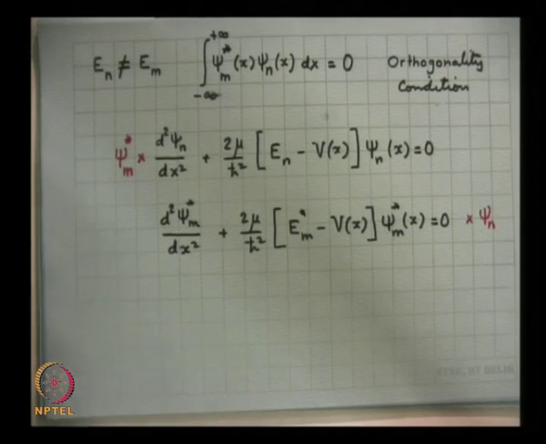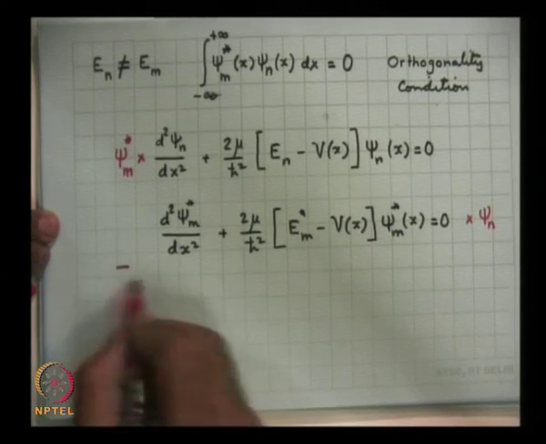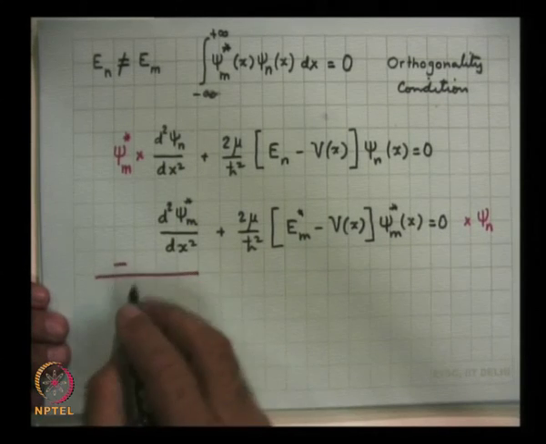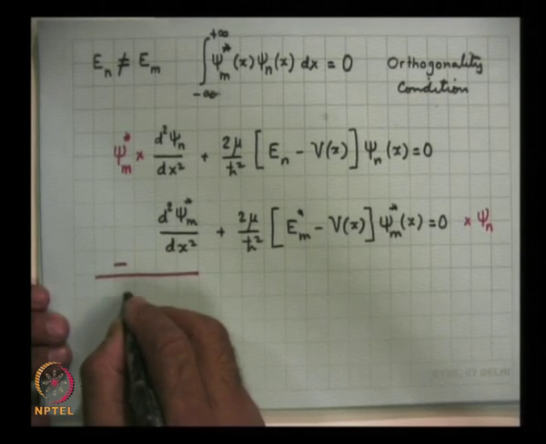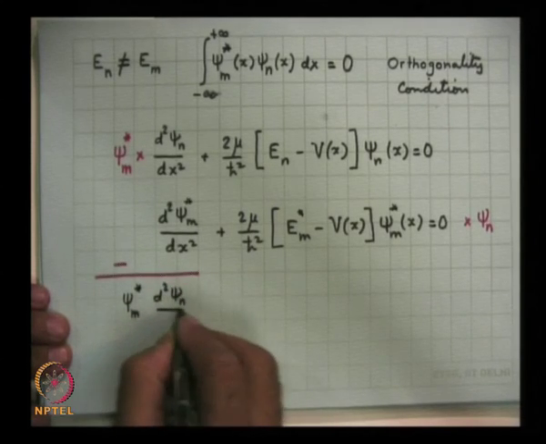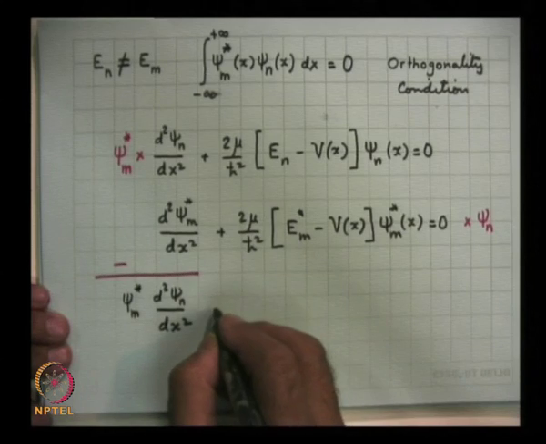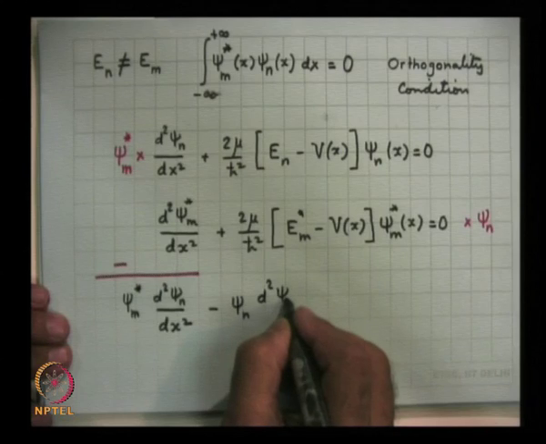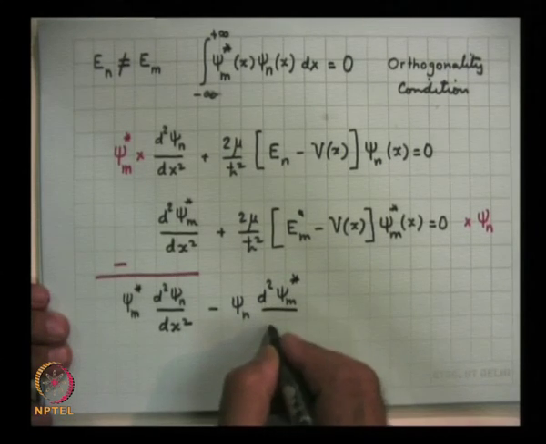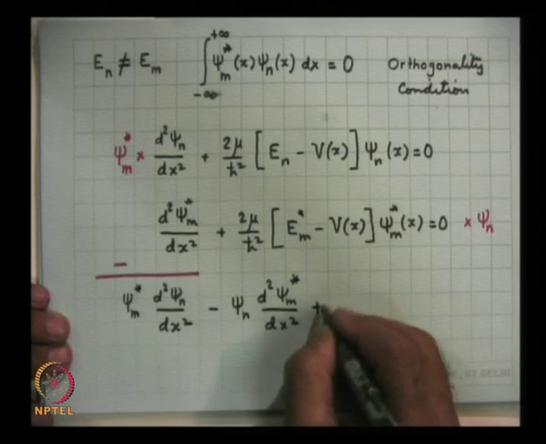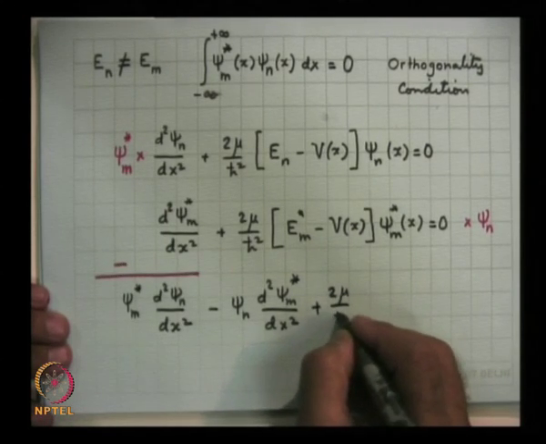So, if you multiply the second equation by psi n of x and then subtract, then as we had obtained in my earlier slide, we will obtain psi m star d 2 psi n by dx square minus psi n d 2 psi m star by dx square plus 2 mu by h cross square.